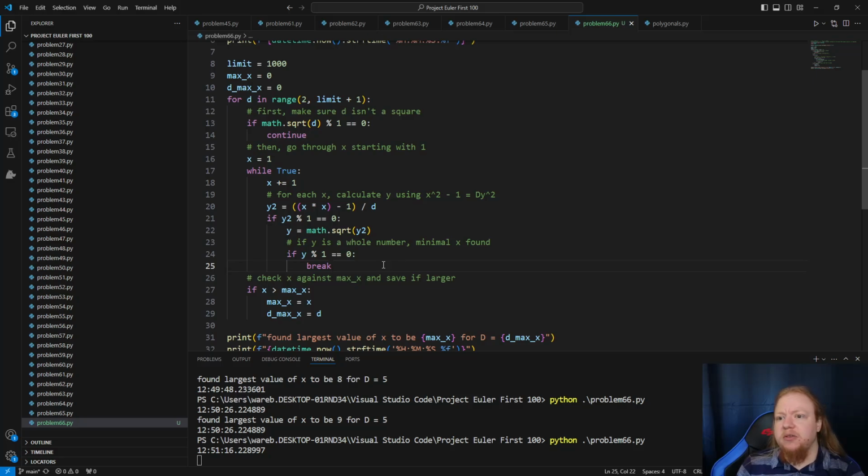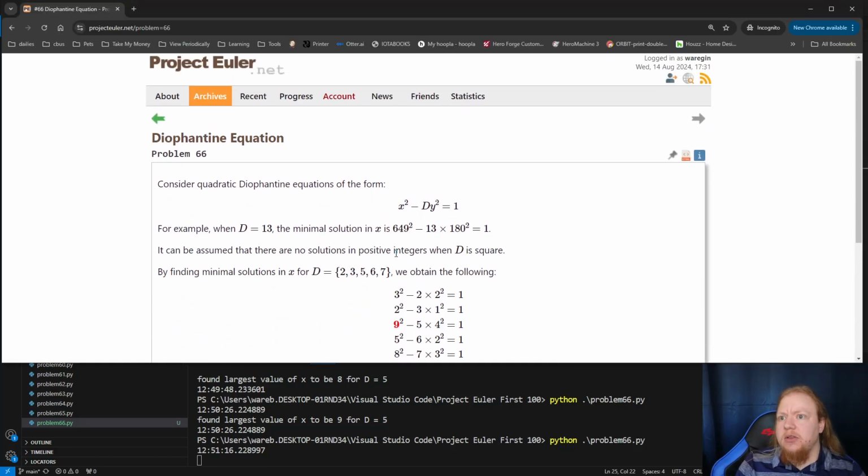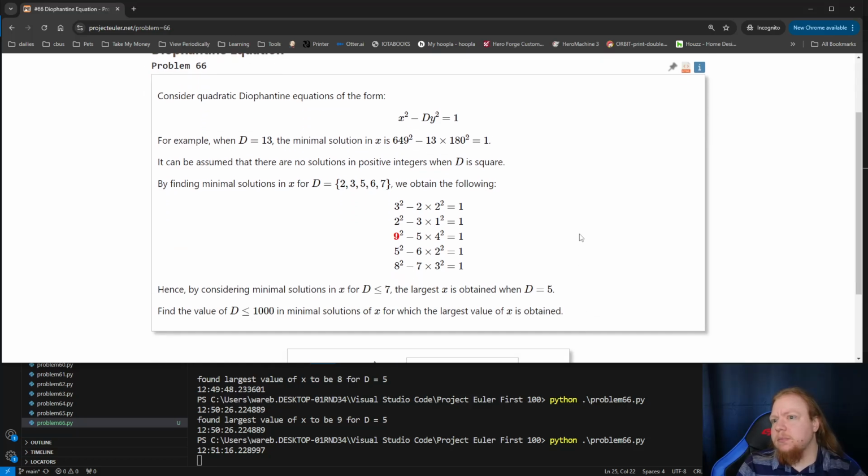For instance, we saw that for 13, the maximal number is like 649. But I don't think we have a good way to minimize how long we go here.